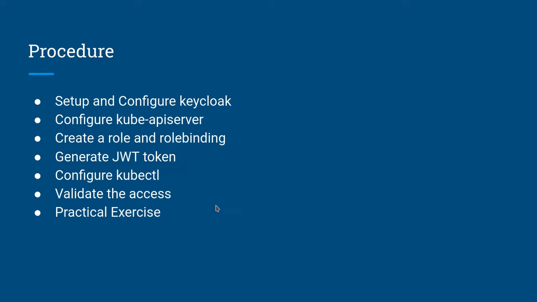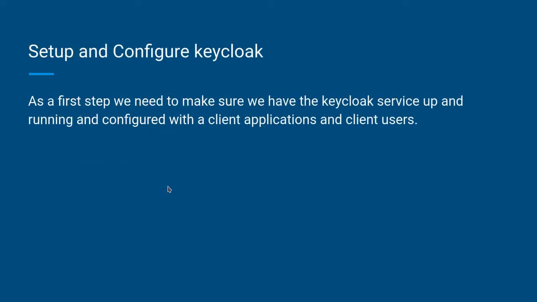Then we will see how we can access the Kubernetes cluster using the configured context with the JWT tokens. In the last step, I will show you how we can achieve that, and we will see how we can use a simple bash script to generate and refresh the tokens.